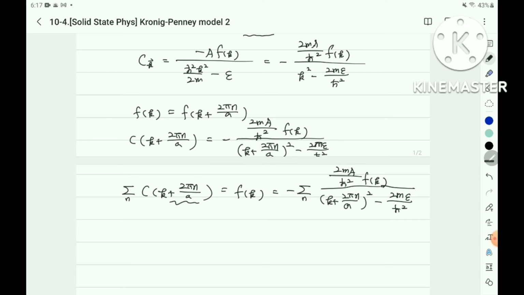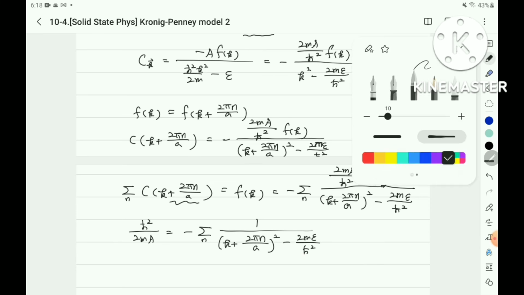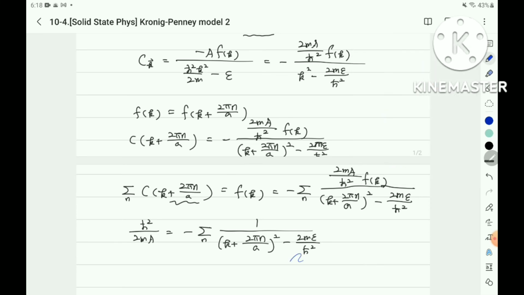Therefore, multiplying the numerator term by ħ²/2mA, we get 1 equals minus the summation over n of 1 over (k+2πn/a)² − 2mε/ħ². Let's denote that as capital K.